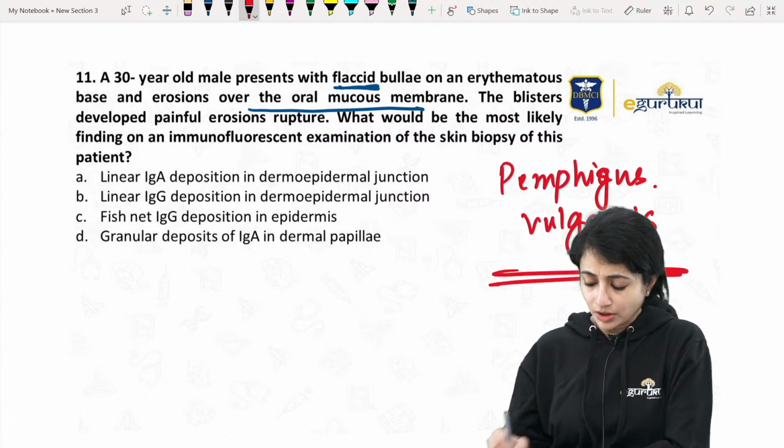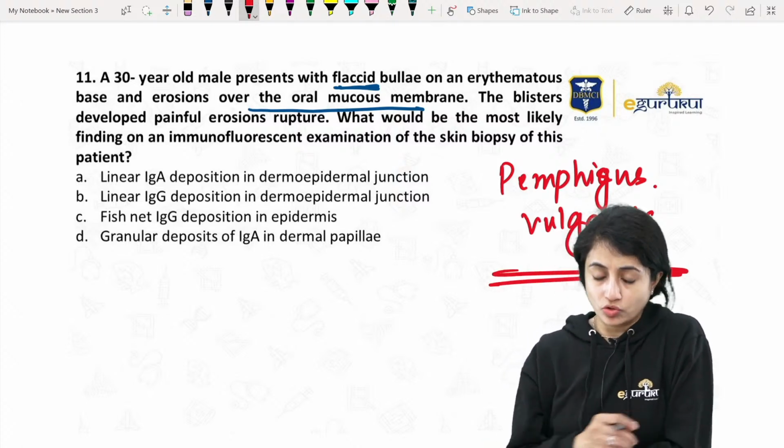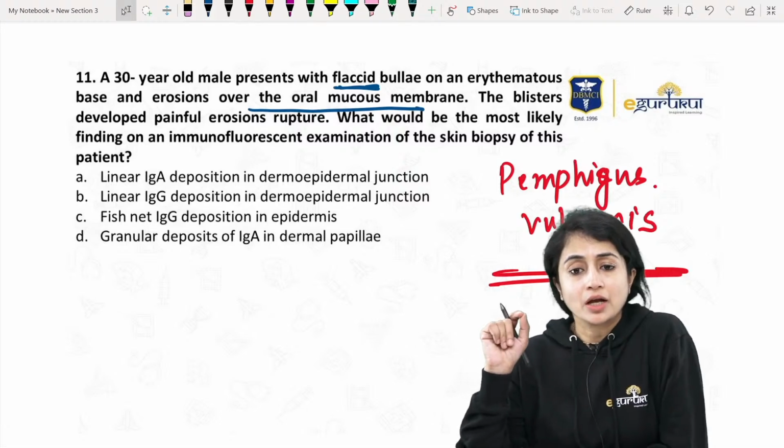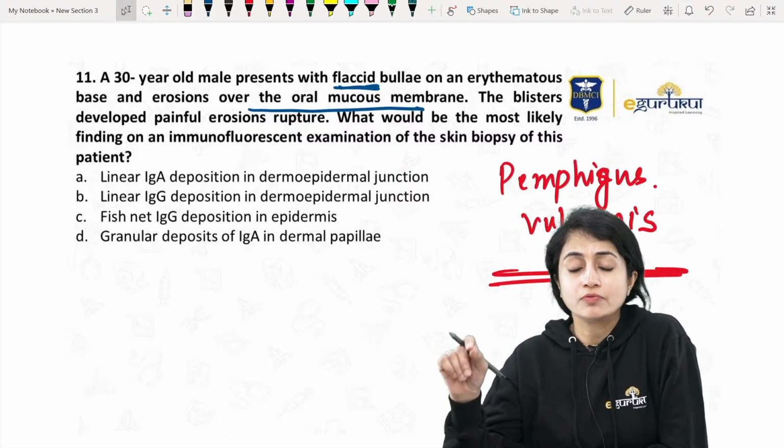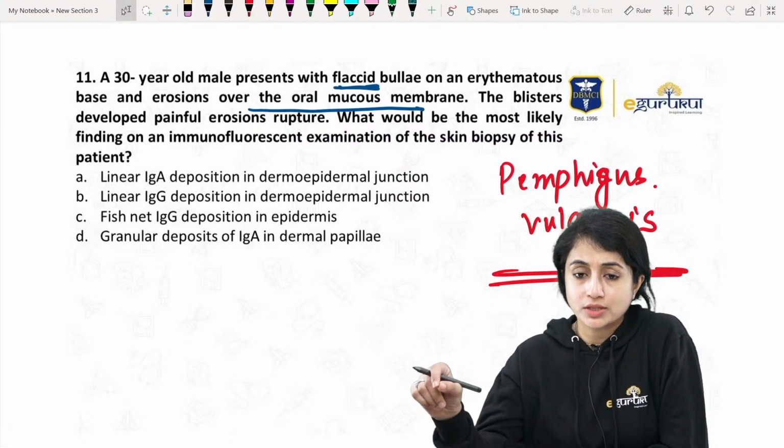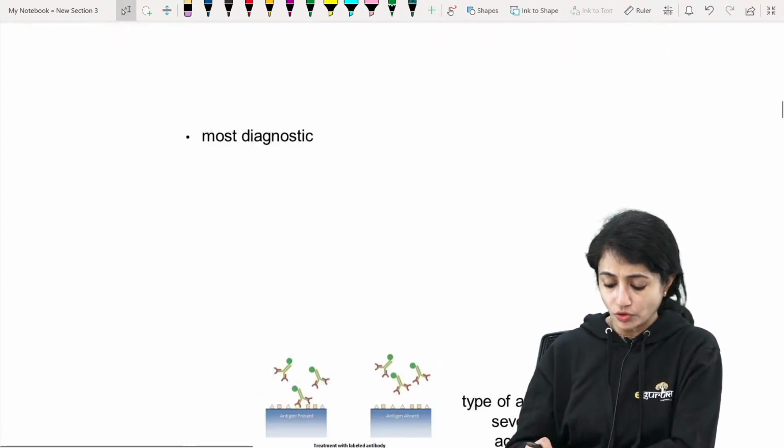Now there is something that you should know further about autoimmune blistering disorder: when we have these disorders, we do a direct immunofluorescence in them. What is DIF or direct immunofluorescence?